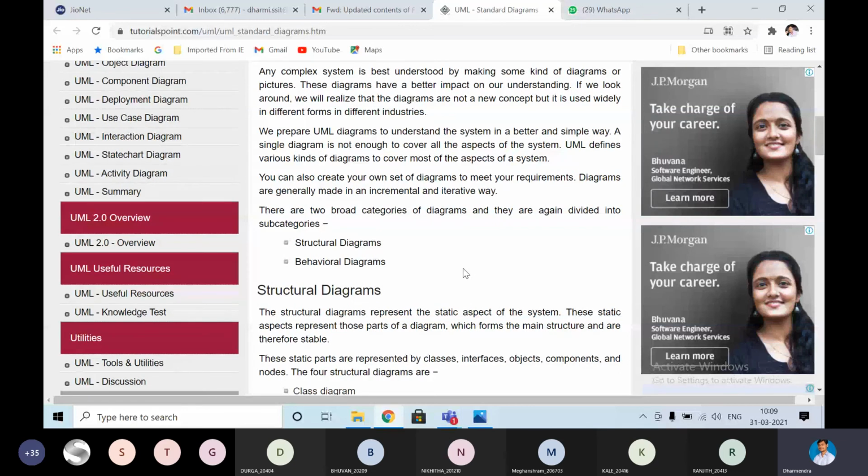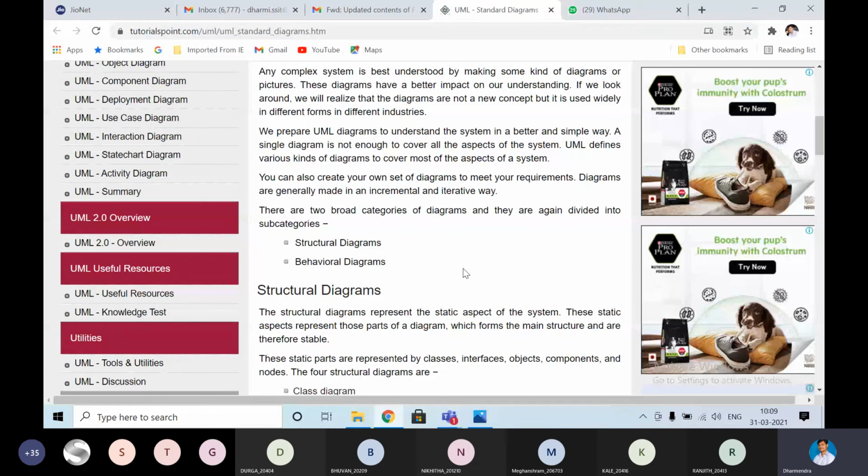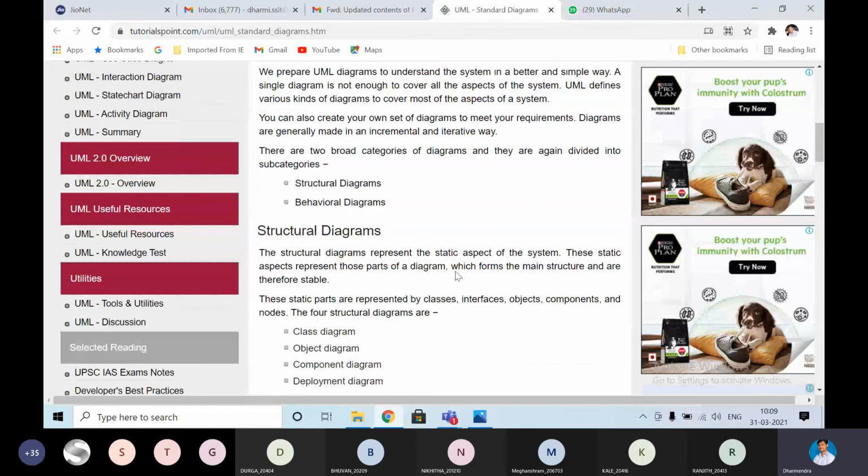Even civil engineers design, isn't it? For building apartments or houses, civil engineers also do that. The same thing will be there for software applications also. Diagrammatical representations will be there.